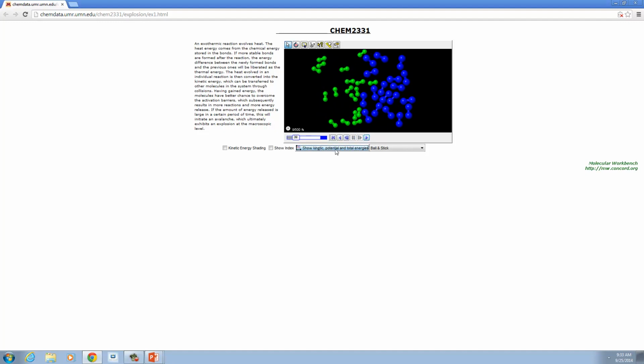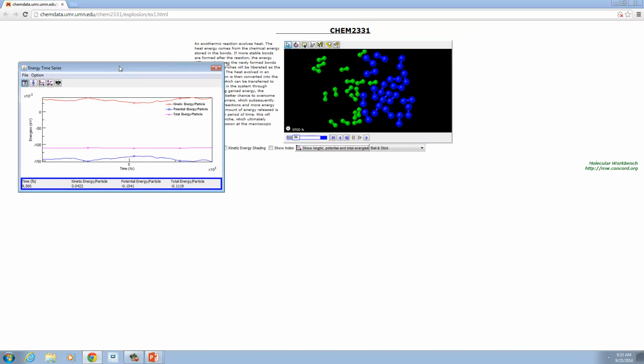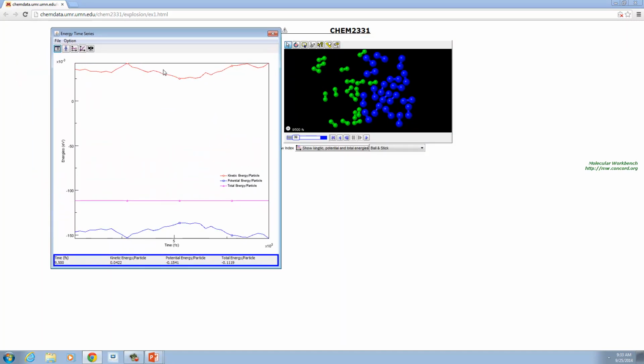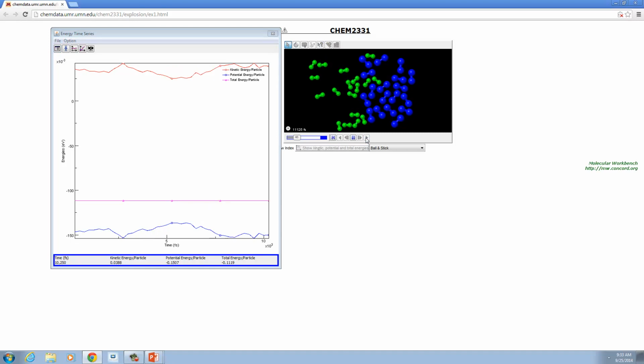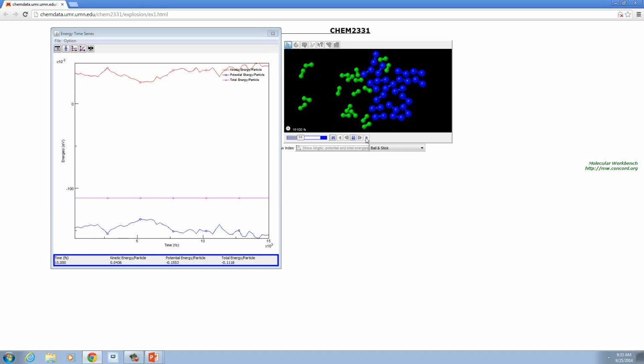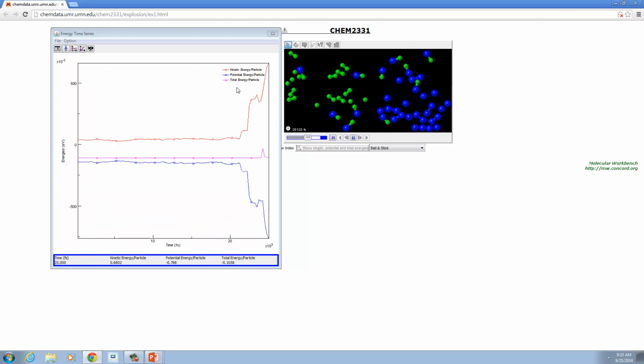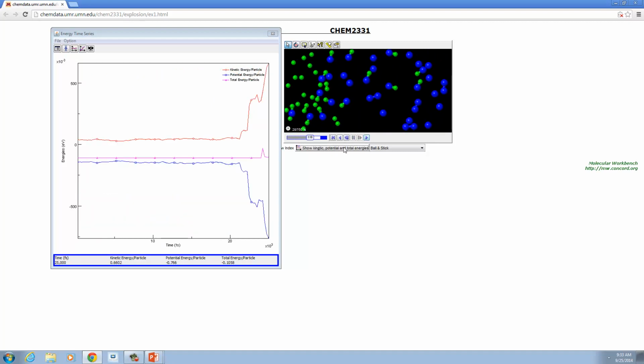It's important to keep track of the kinetic and potential energy of the whole system. Look here, in red you have the kinetic energy, in blue you have the potential energy, and let's observe what happens both in the simulation and in the plot of the kinetic energy. Let me stop the simulation for a while. Now the system started reacting and molecules got speed, got kinetic energy.